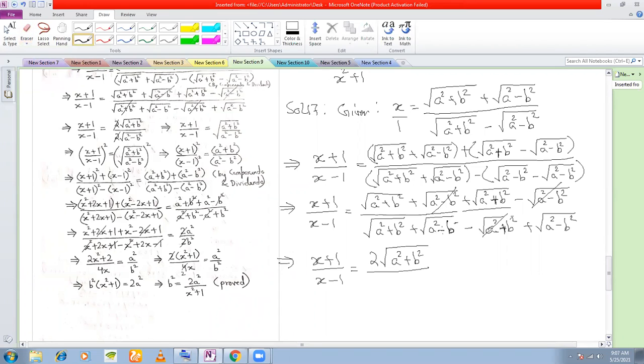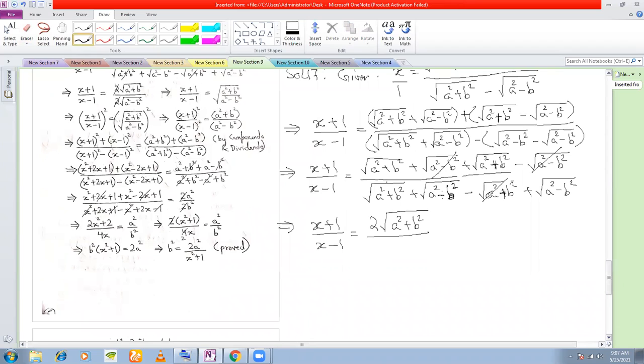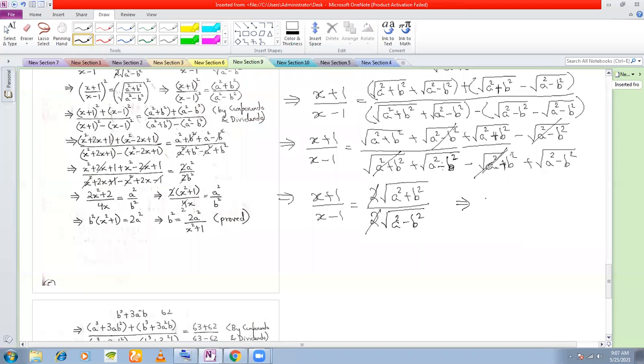This is a minus sign, a square minus b square minus root a square plus b square plus root a square minus b square. Now this is okay. Therefore, this will cancel these two. Okay. So you're left with 2 root a square minus b square. So therefore, these two will again cancel. Now in order to remove the radical, we square both sides.